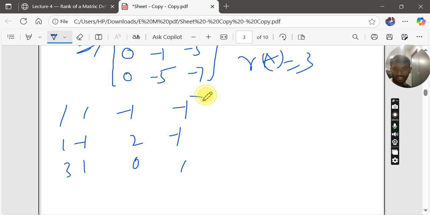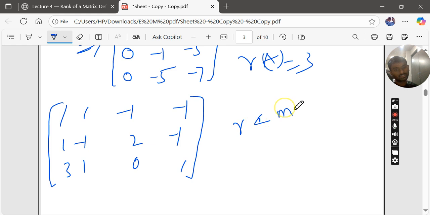So now we're having a 3 cross 4 matrix. Remember here rank will be less than or equal to minimum of 3 comma 4. Let's say the dimension is 3 cross 4, so rank will be maximum 3, it won't be 4.